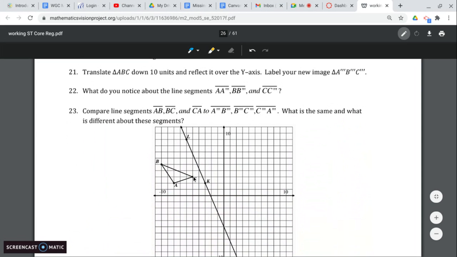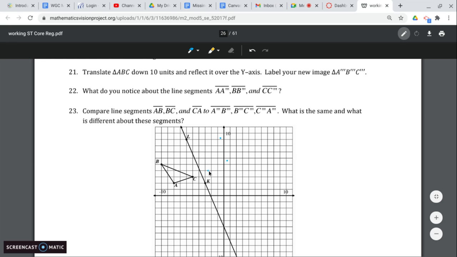So if we look, here's our C. We go over and up and over. So it's going to go right there. It's going to be our new C point. B is going to be up here. A is going to be, one, two, three, four, right here.